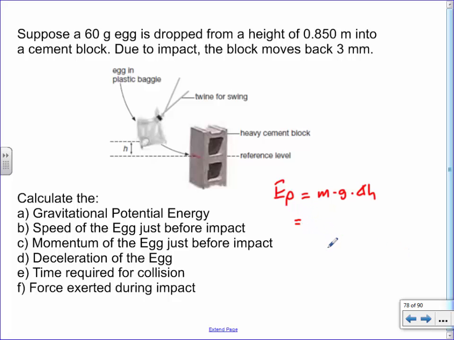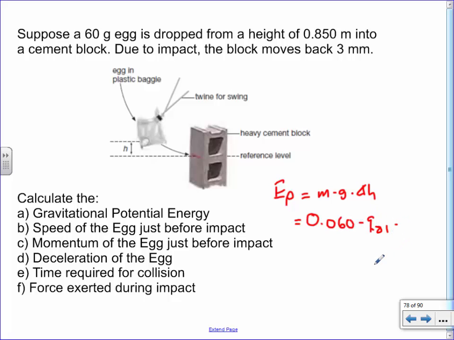We're gonna weigh your egg before we crash it into the wall. So I just made up a number here. I said it was 60 grams. We would have to make that kilograms though, so you have to divide by 1,000, which makes it 0.060 kilograms. Then you times by 9.81, because that's gravity.